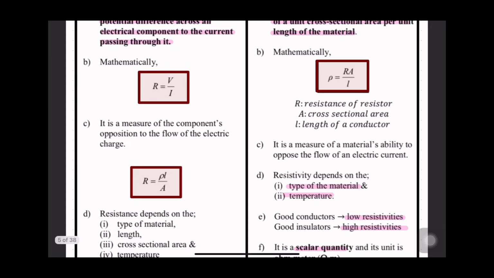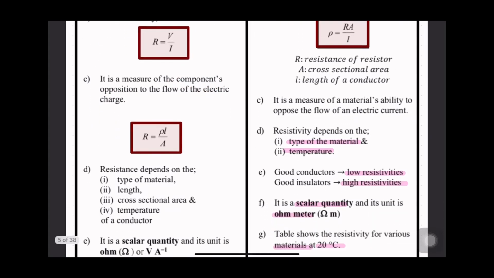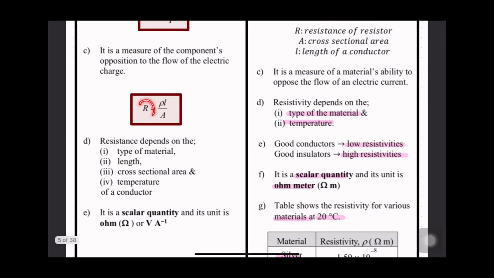Okay, secara matematik kita boleh cakap, it's a measure of the component's opposition to the flow of electric charge. Maksudnya component opposition, yang component adalah resistor lah, penentangan resistor terhadap laluan current. Resistance juga you boleh samakan dengan rho L over A. Ni equation ni tolong salin sebab tak ada dalam you punya buku.